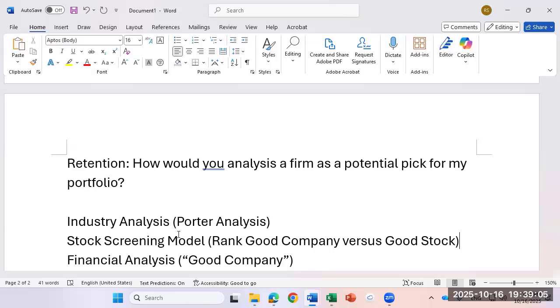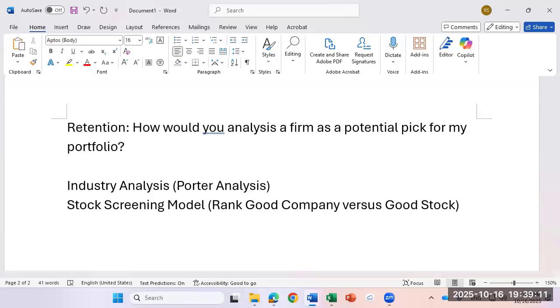I want to find those good companies that aren't too expensive. Anybody know what that's called in finance? What's the most popular model in finance? What is GARP? I call it QUARP. What is QUARP or GARP? That's what your model is.